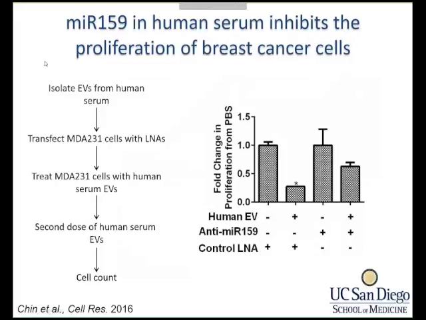We isolated exosomes from human serum like mentioned before, and this time we treated the breast cancer cells MDA231 with either the locked nucleic acid version of anti-miR-159 to block any potential functions mediated by miR-159 in these serum exosomes, or we transfected the cells with a control LNA sequence.